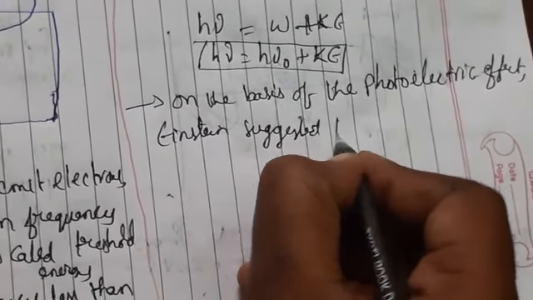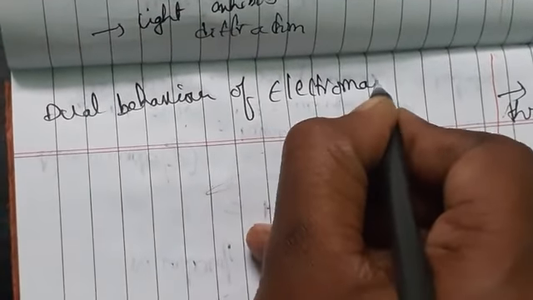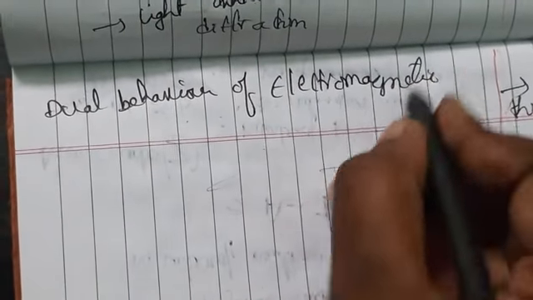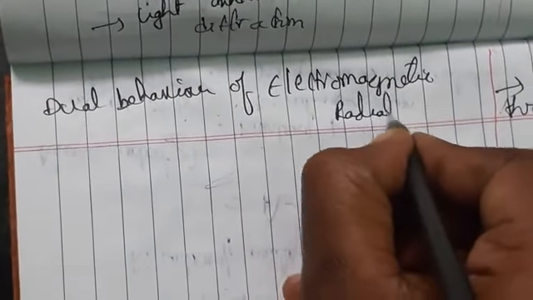Dual behavior of electromagnetic radiation means both particle nature and wave nature. The particle picture of light could explain black body radiation and the photoelectric effect, but on the other hand it was not consistent with the wave behavior of light, because light shows interference and diffraction. So we were in a dilemma.